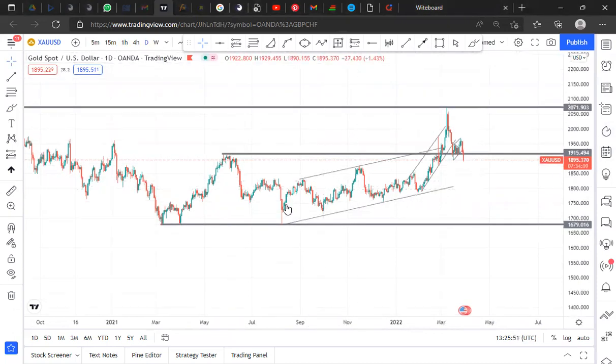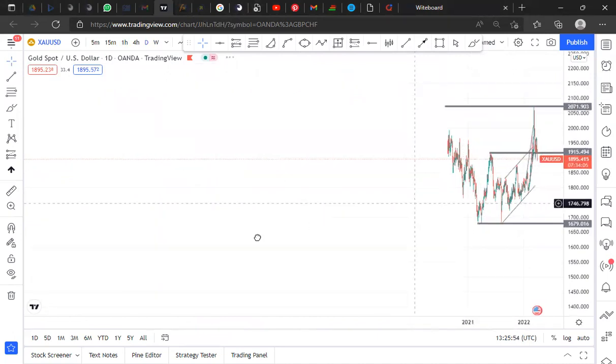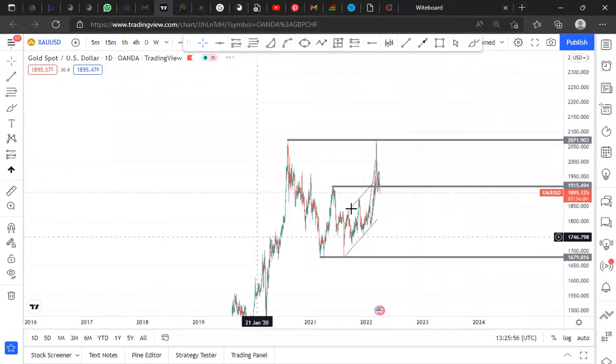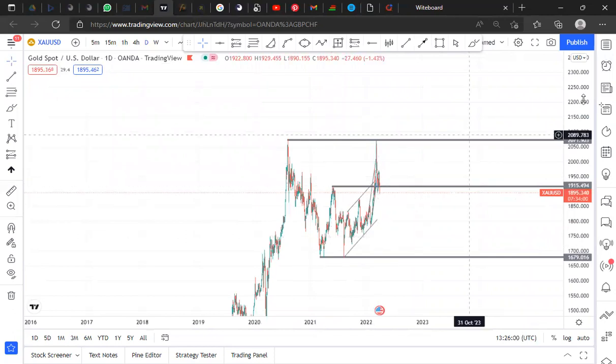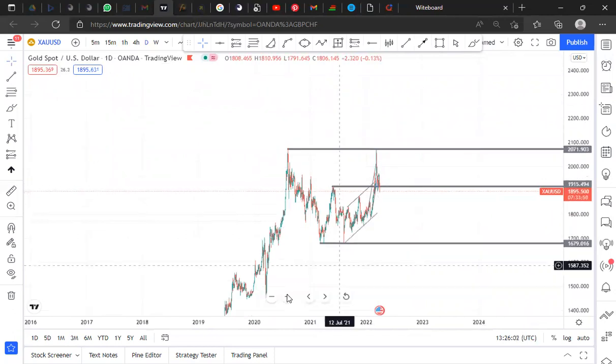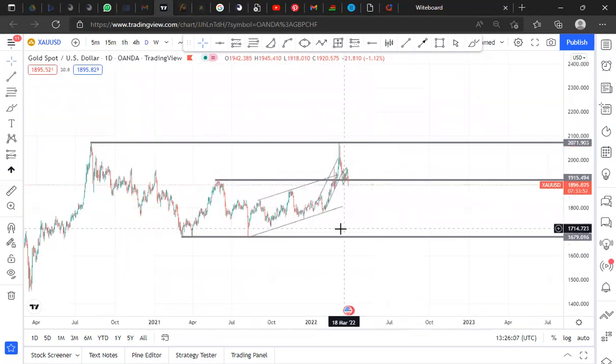So technically, these are areas of value. The reason I marked up these areas is that whenever price gets to this level, there tends to be a price reaction. Price tends to either reverse or break above and continue. So for now, I'm anticipating a possible sell on gold.